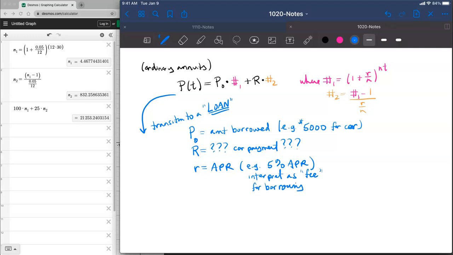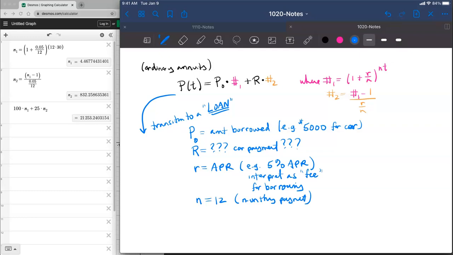So this interest rate is now a fee. You can think of it in that way. And let's say that you're going to choose 12 because you might want to make monthly payments, so interest is being accrued on a monthly time period.